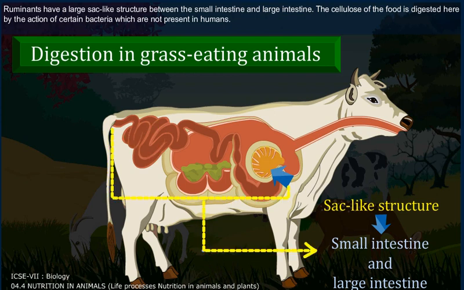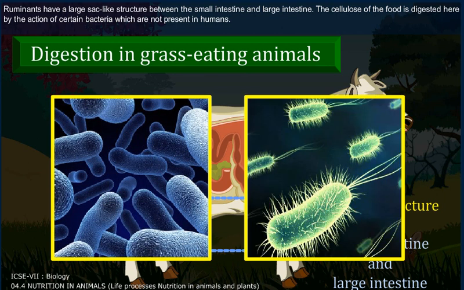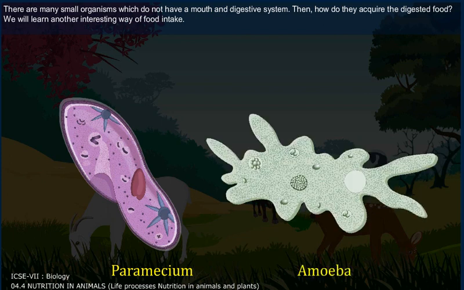The cellulose of the food is digested here by the action of certain bacteria which are not present in humans. There are many small organisms which do not have a mouth and digestive system. Then how do they acquire the digested food? We will learn another interesting way of food intake.